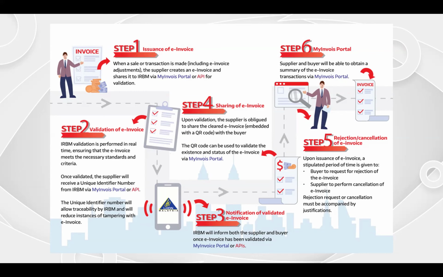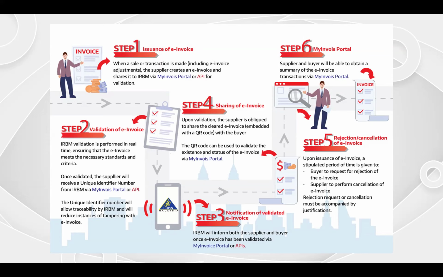So the CN and DN in the e-invoice era are quite important. You cannot issue a CN or DN without an invoice as supporting document. These are the two important adjustment documents you can use for an invoice.